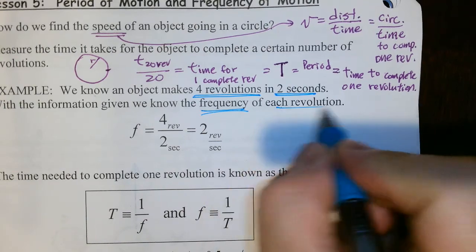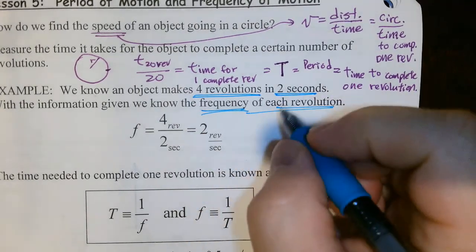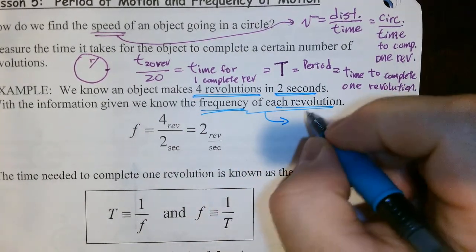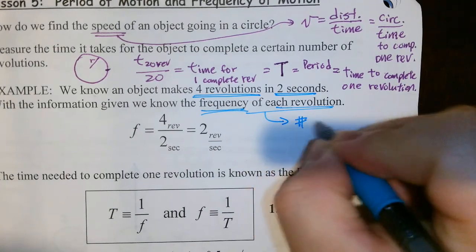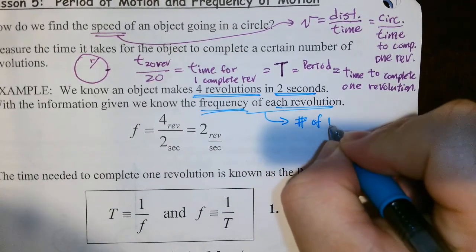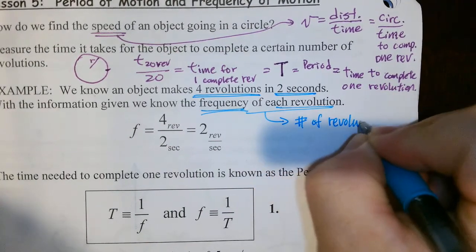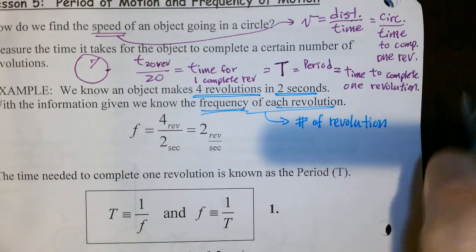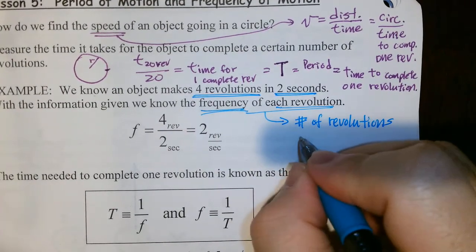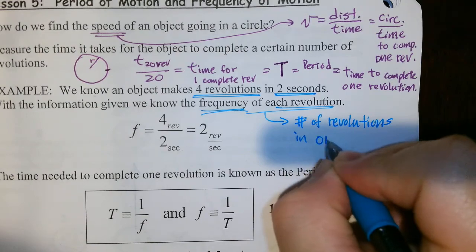Frequency represents the number of revolutions in 1 second.